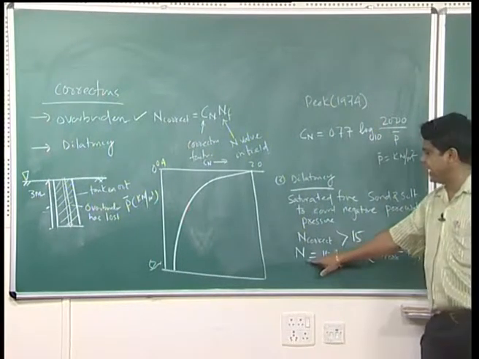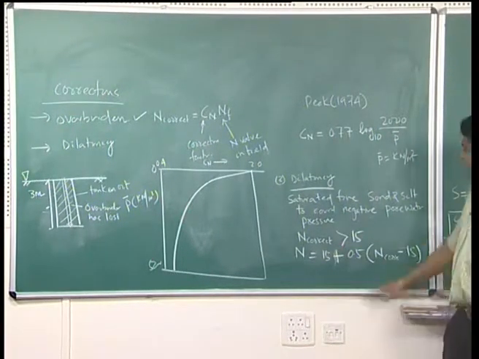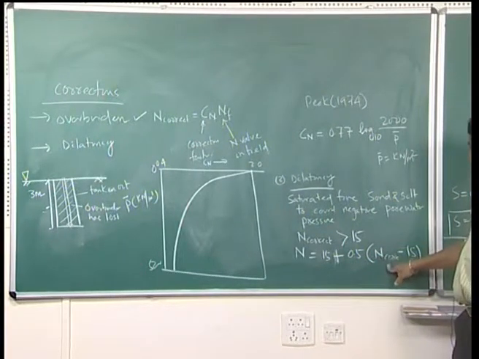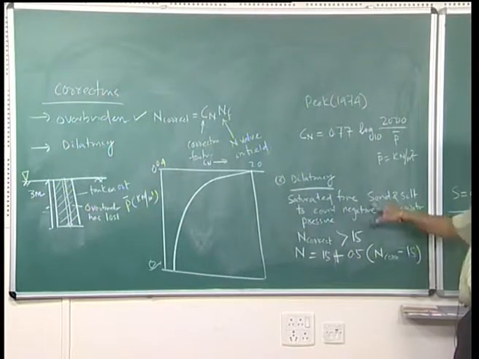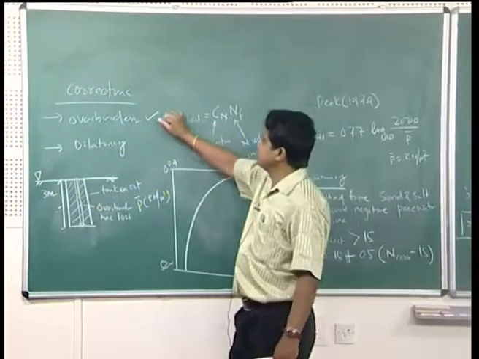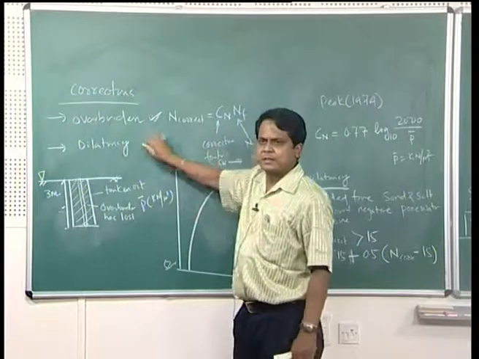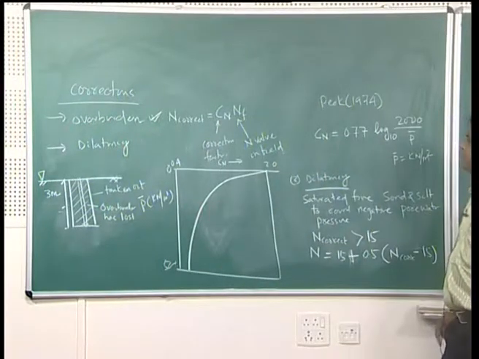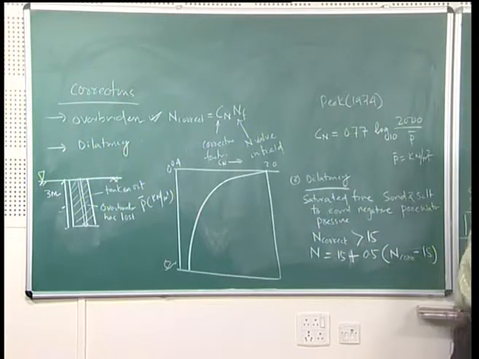Then you apply N is equal to 15 plus 0.5 into N corrected minus 15; this is your dilatancy correction. Remember, in the standard penetration test, overburden correction comes first, then the dilatancy correction, and dilatancy correction applies provided the overburden-corrected N is greater than 15.